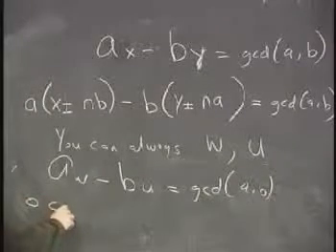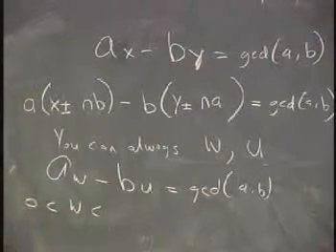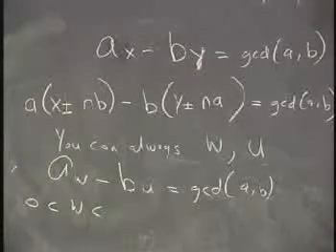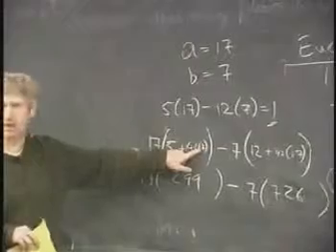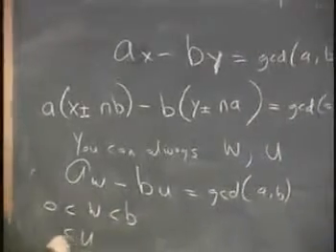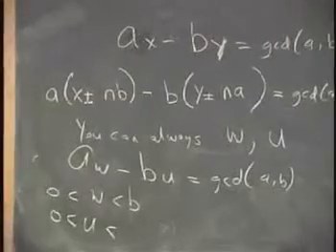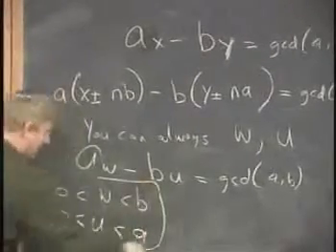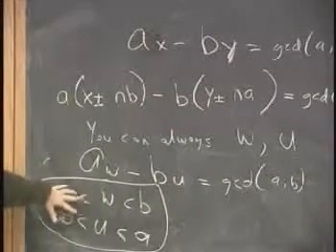They're both positive. w is positive and smaller than any multiple of b, which is 7 in this example. And u is bigger than 0 and smaller than any multiple of a. In this way, we can say something very specific about the two solutions that we want to get.